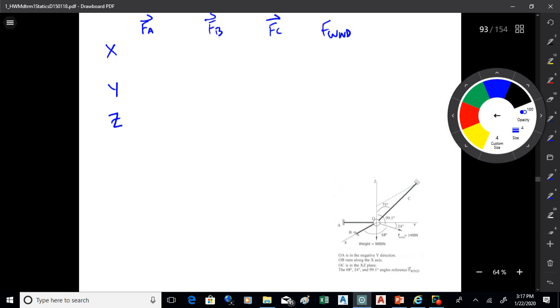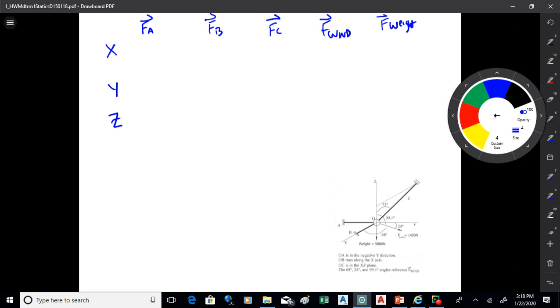Oh, and then the weight as well. So, F weight. And those will be the columns, okay? So we want to set it up like that. And then you just fill the forces in rows. So some of them will just be based on the unknowns, and others will be based on the numbers, okay?